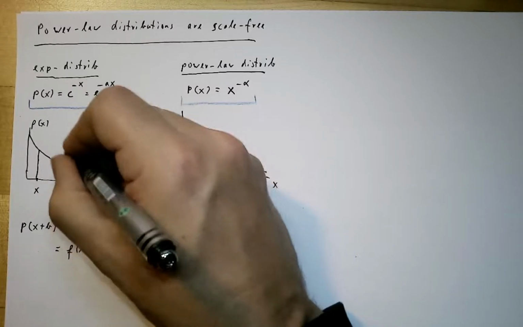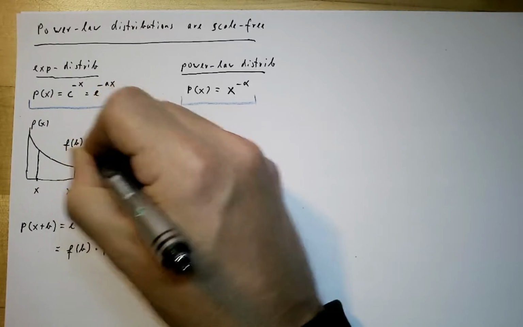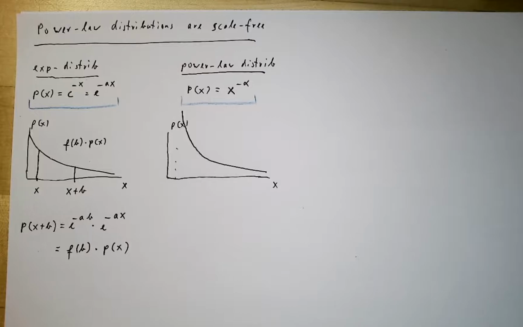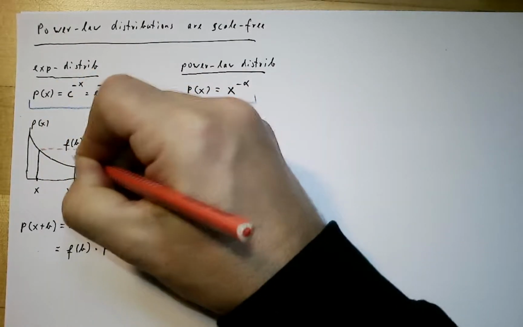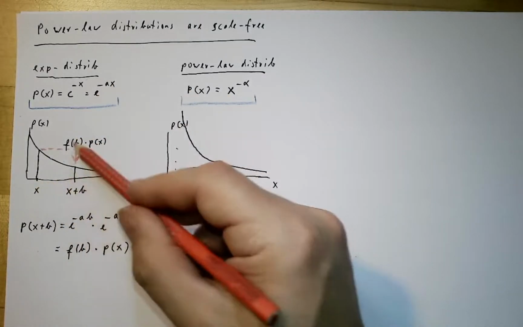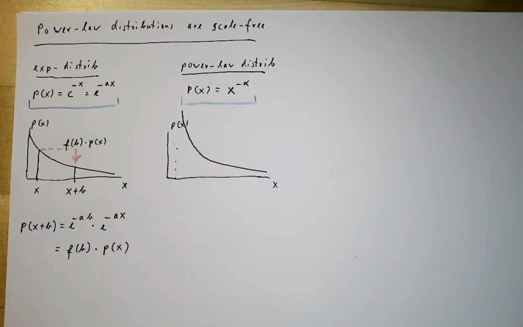So that's the reduction, and it is just a factor which depends on the distance that we go to the side.